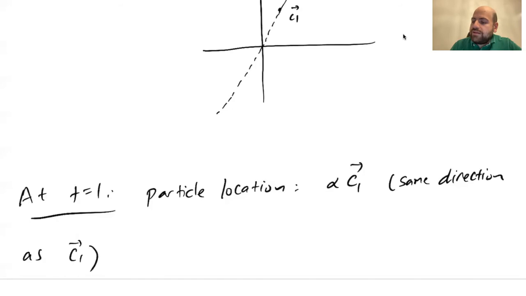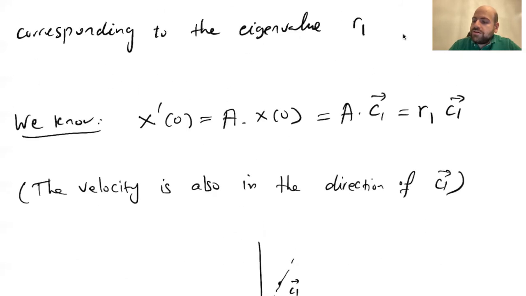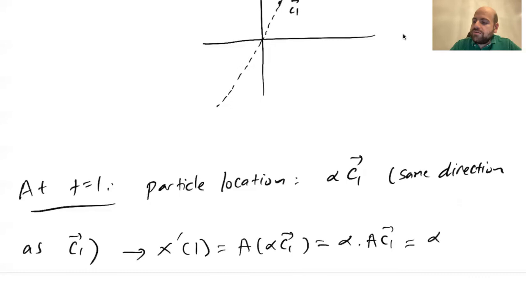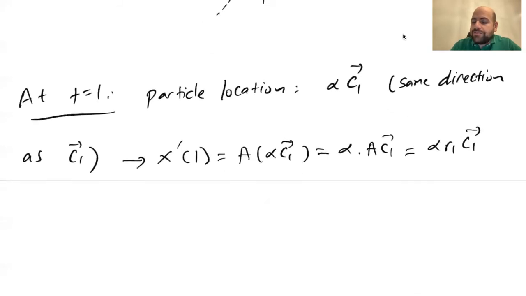So that means that the velocity at that moment, x prime of 1, will be A times alpha C1, which is alpha times A C1. And A C1 we just saw is R1 C1. So this is alpha R1 C1. So still we are in the same direction. The velocity is still in the direction of C1.